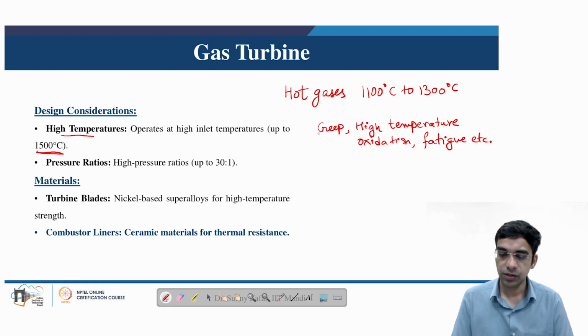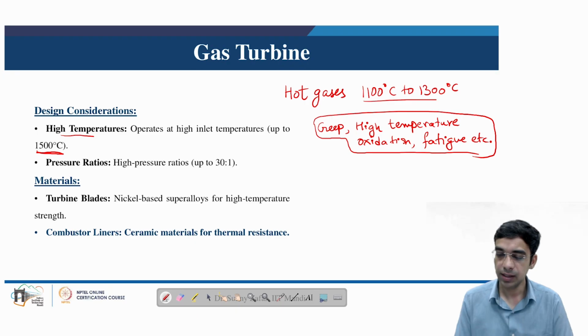The selection of materials has to be done so that whatever material is chosen, it can function at high temperature while overcoming these challenges and several others. Also, the pressure ratios available in gas turbines are quite high, of the order of 30:1.